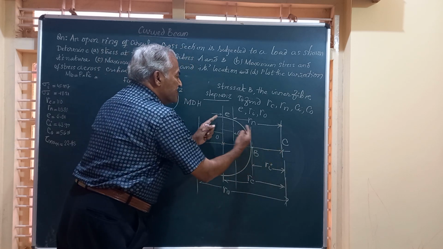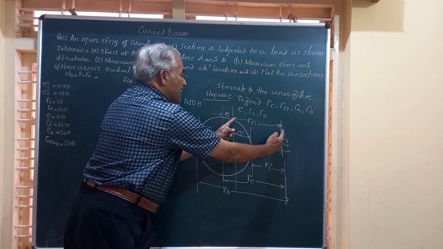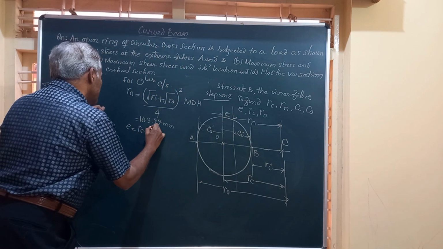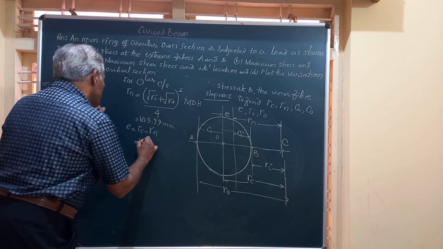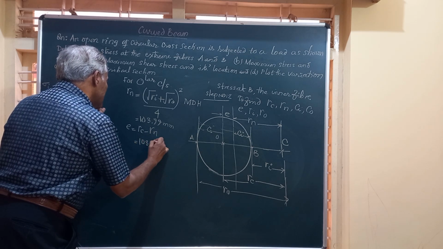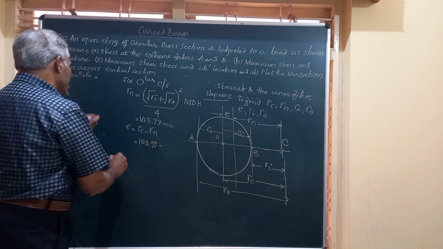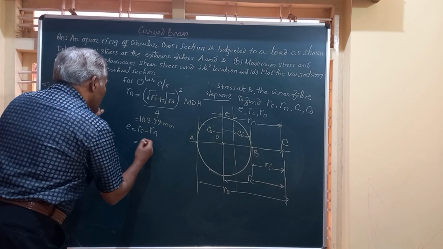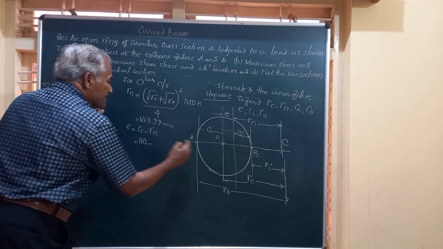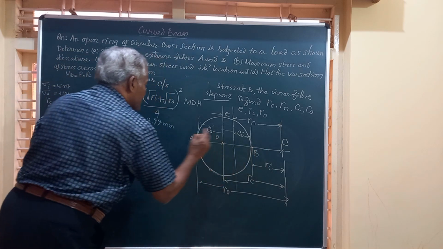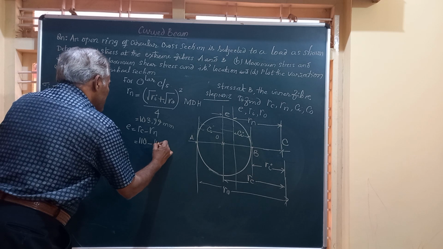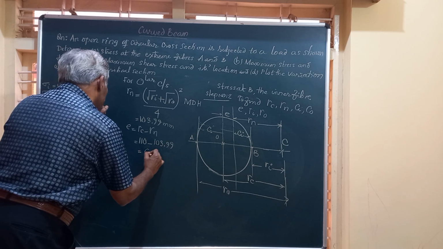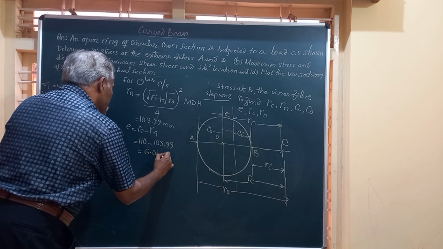The gap between Rc and Rn is called E. E is equal to Rc minus Rn, which is 110 minus 103.99. This works out to 6.01 mm.